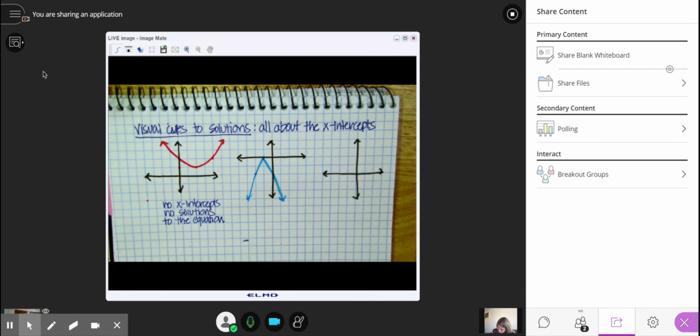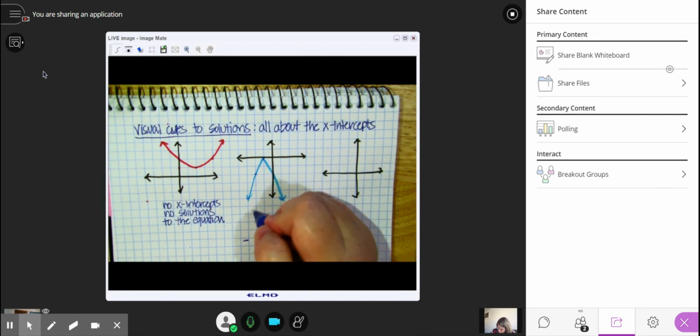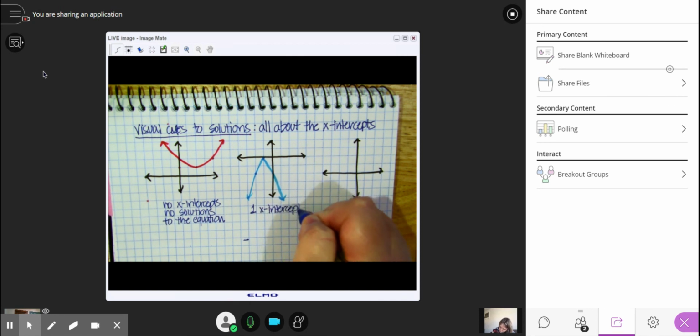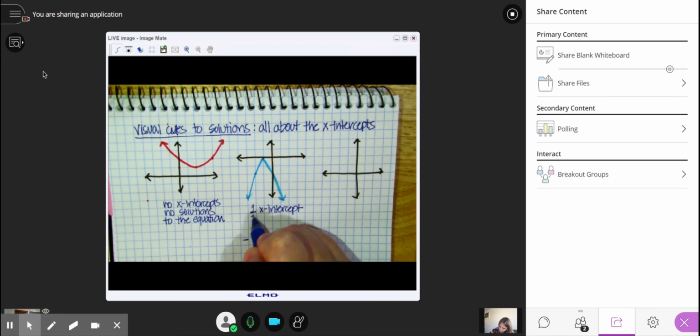And you've already seen this one. If there is just one x-intercept, then there is one solution to the equation.